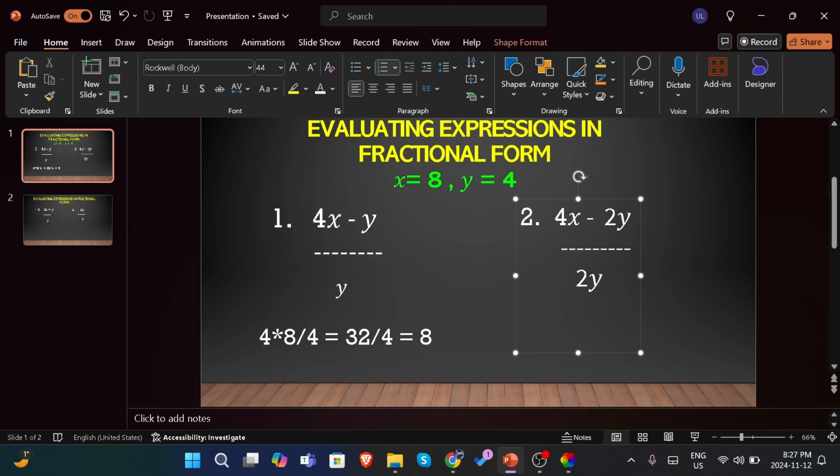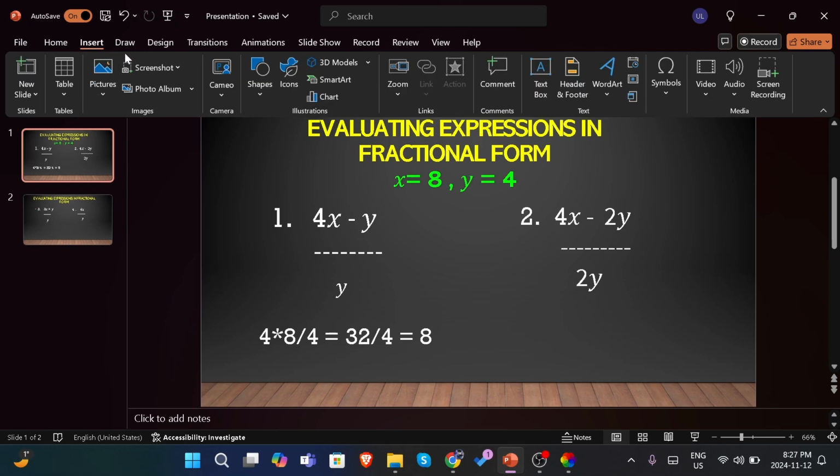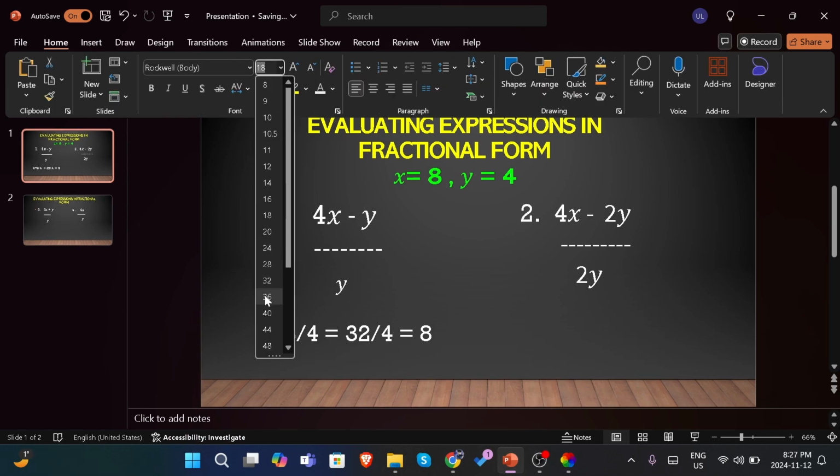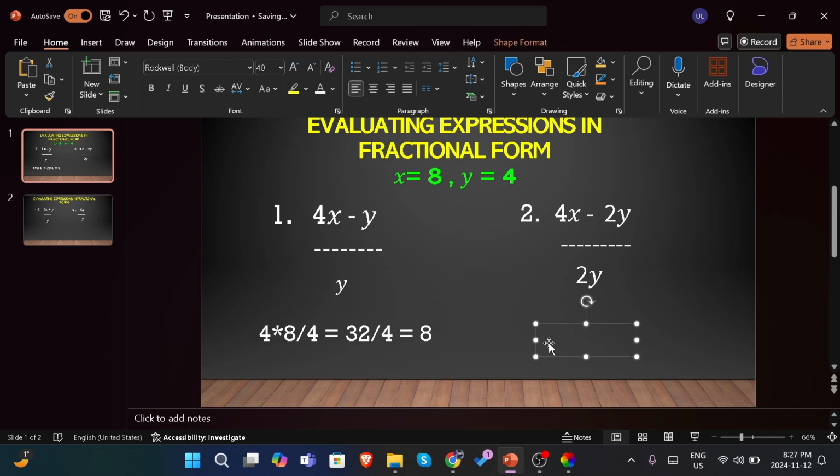Alright, 4x minus 2y. It's the same thing as 4x minus y, but a bit different. So let's insert the box again and change the size to 40. Now 4x is 4 times 8, which is once again 32, and 32 minus 2y.